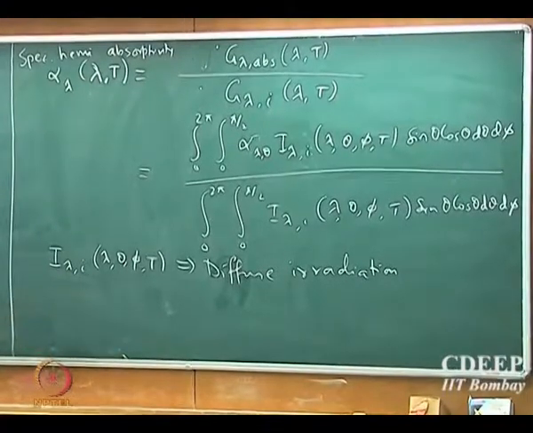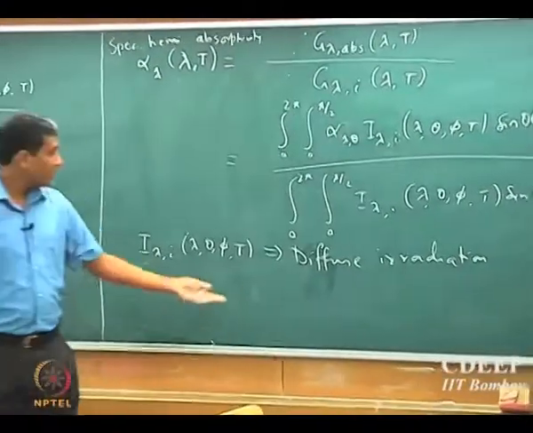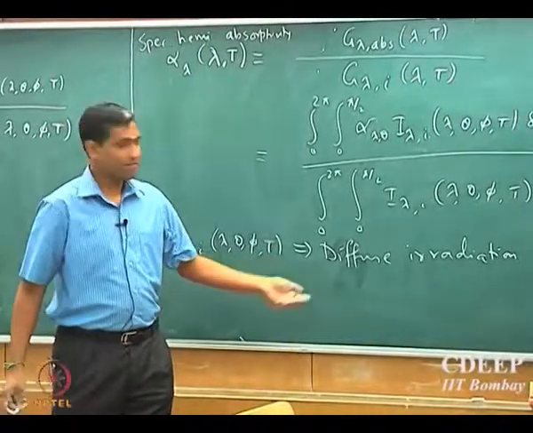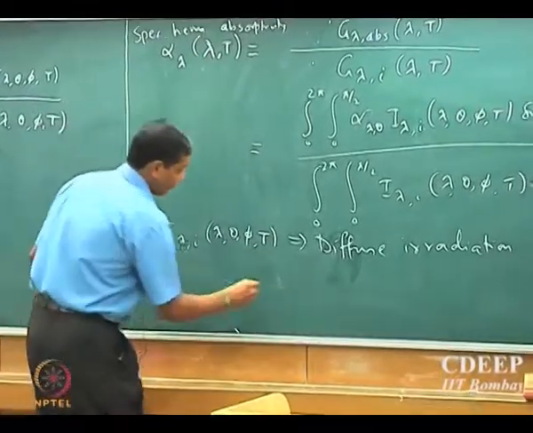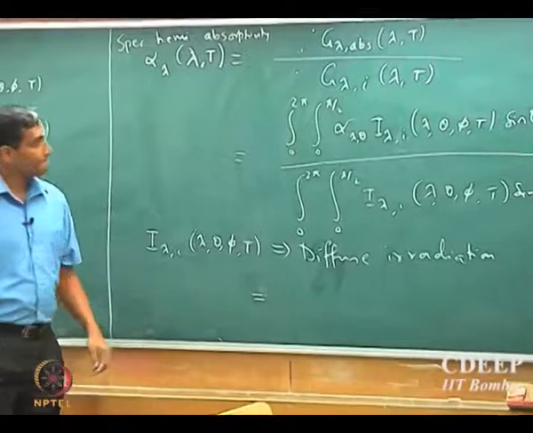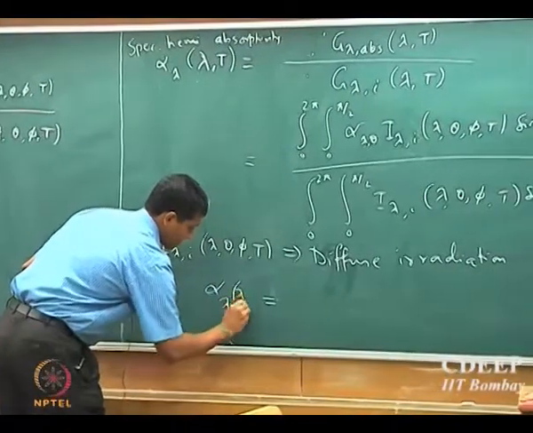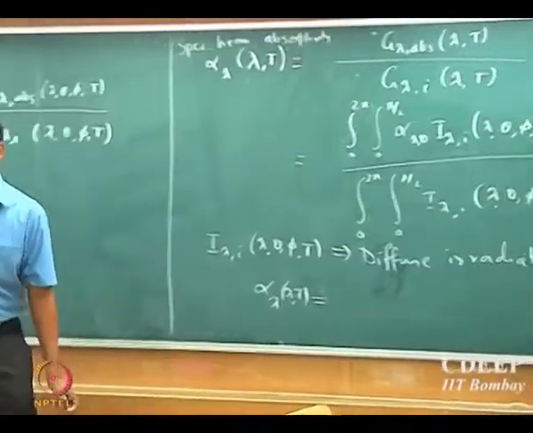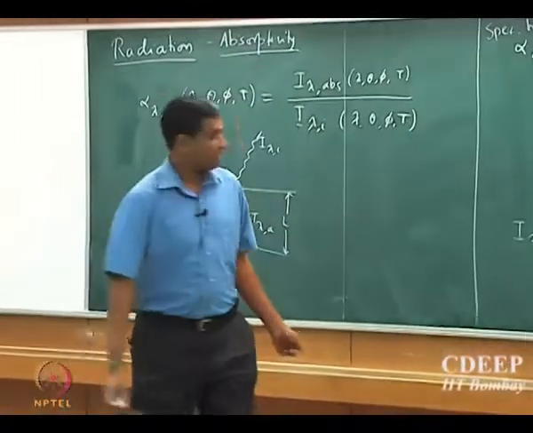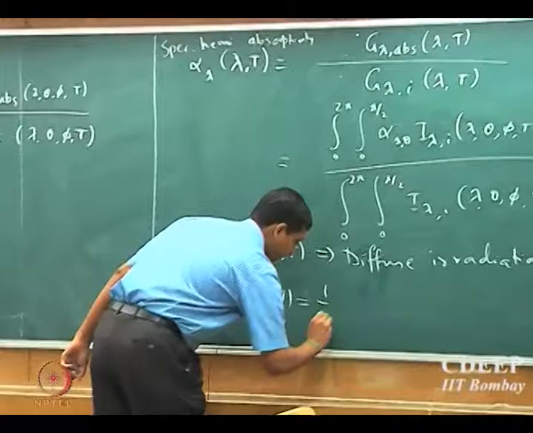At every direction in the hemisphere, the incident irradiation is the same. So in which case, what will alpha lambda be? It will be 1 by pi.